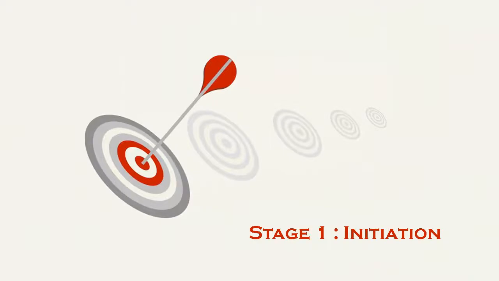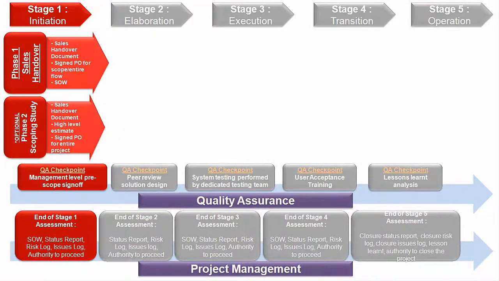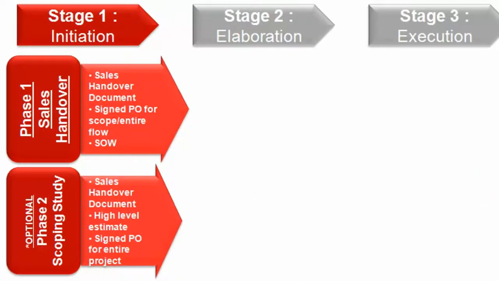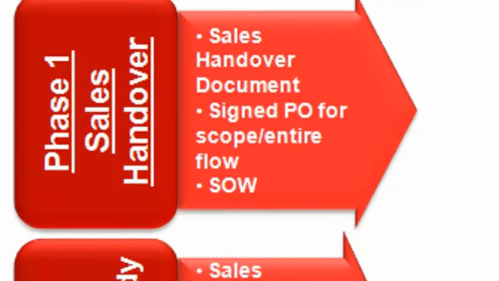Stage 1: Initiation. This stage generally has 2 phases: the sales handover phase and an optional scoping study phase. In the sales handover phase, the sales team hands over all the related documents, signed purchase order and an entire flow for the project and project charter.